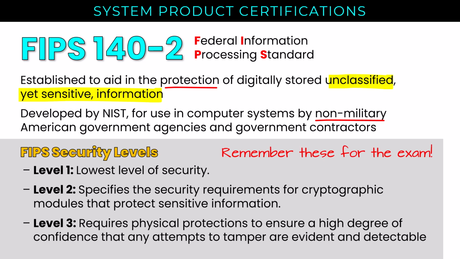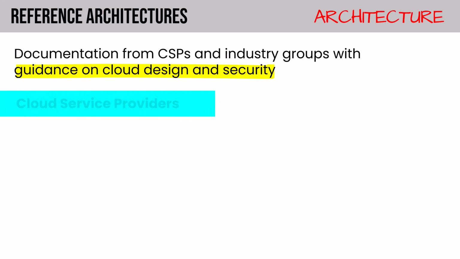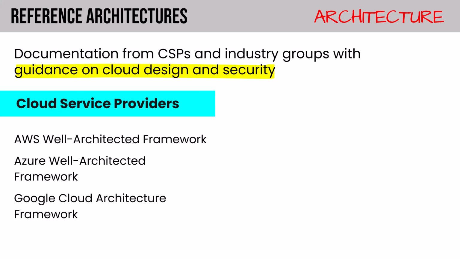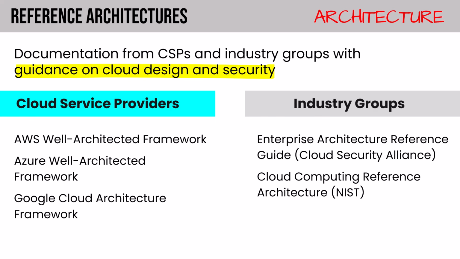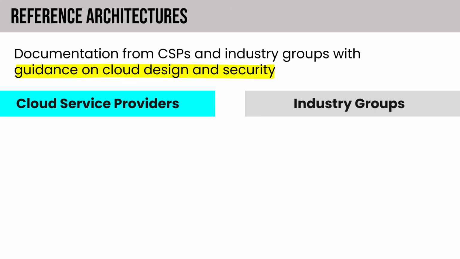And as we close out Domain 1, I want to point you to some useful documentation from CSPs and industry groups with guidance on cloud design and security. So in the architecture category, we have the AWS Well-Architected Framework, the Azure Well-Architected Framework, and the Google Cloud Architecture Framework. From industry groups, we have Enterprise Architecture Reference Guide from the Cloud Security Alliance, the Cloud Computing Reference Architecture from NIST, and these really obviously focus on architecture more than security, but there's going to be some security content in there.